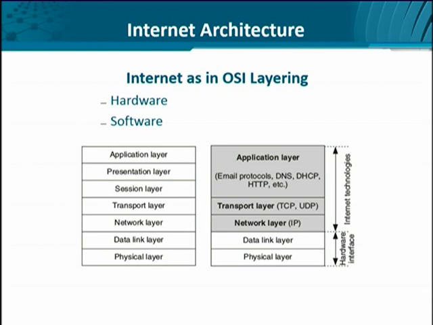These upper layers can also be considered to be the software layers, which implement the protocols that are used for communication over the internet. The lower two layers, that is the data link layer and the physical layer, are realized mostly in hardware and are responsible for providing a platform onto which the upper layers are executed.